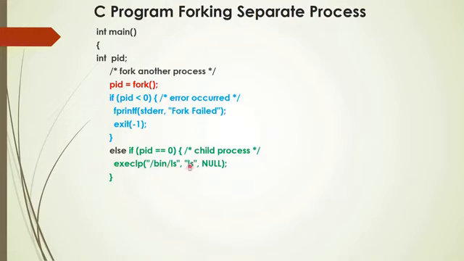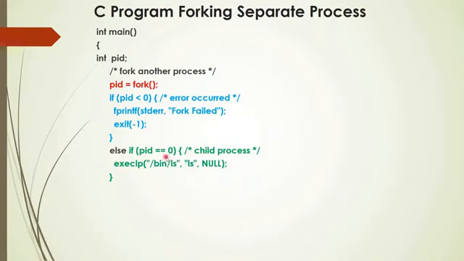It will execute the ls command, so it will display all the files and directories where this particular C program is stored. This C program is stored in a directory, so in the same directory we will be applying the ls command and all the files and directories will be printed.